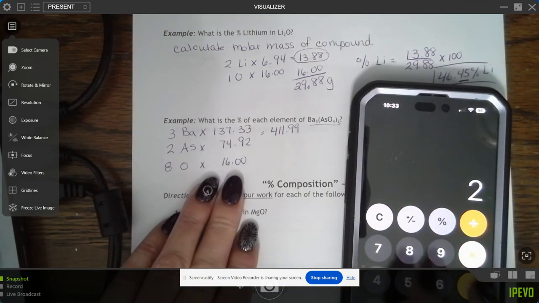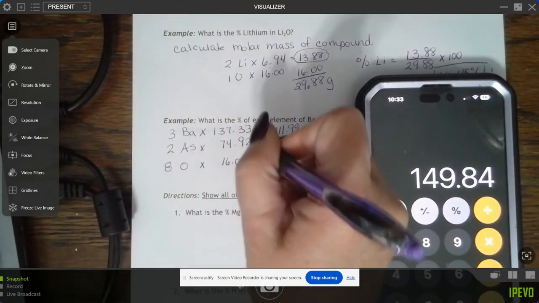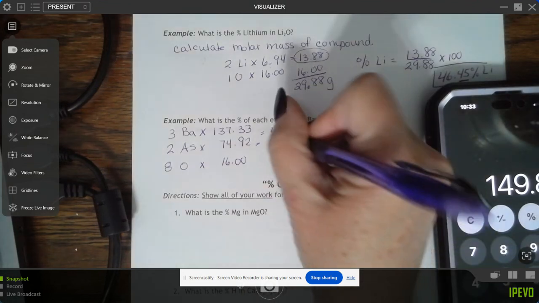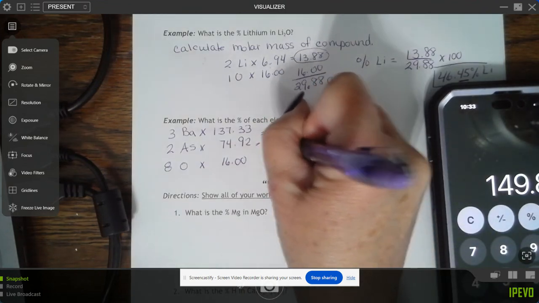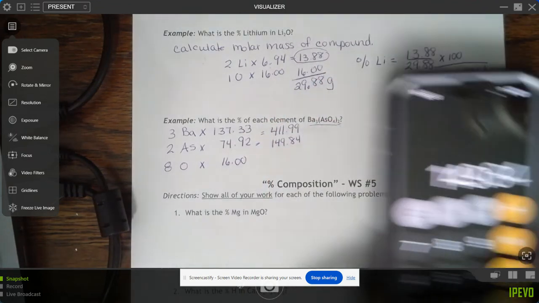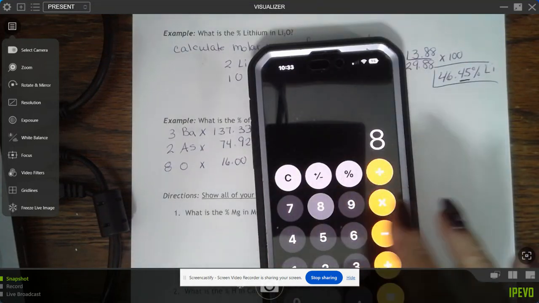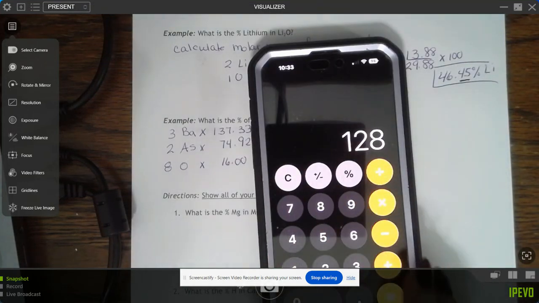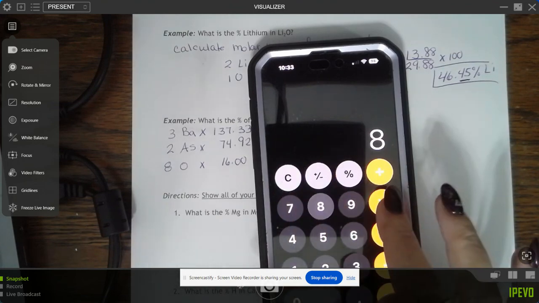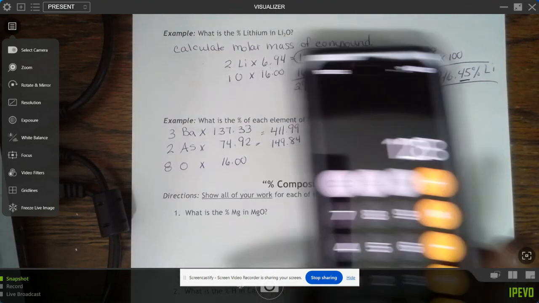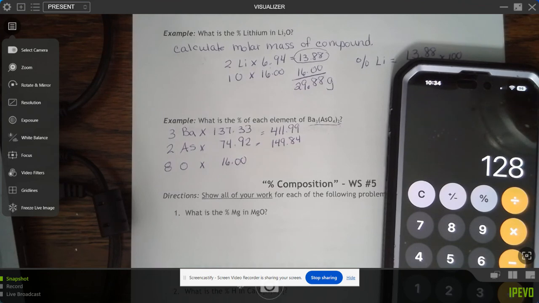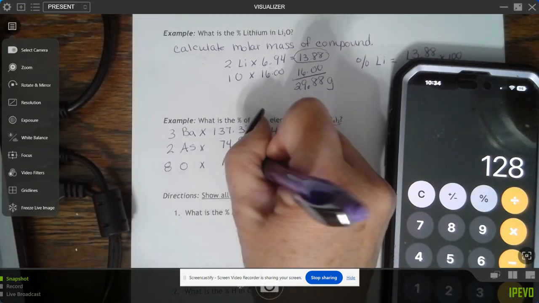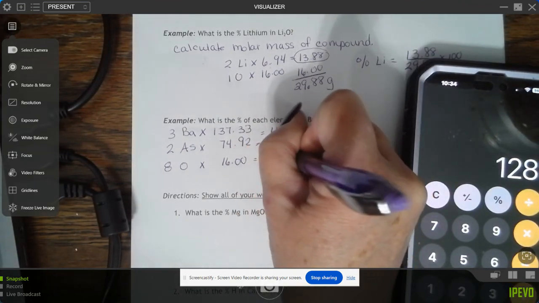2 times 74.92, 149.84. 8 times 16, is that 144? Oh, did I do that right? 8 times 16, 128. I guess that is right. 128.